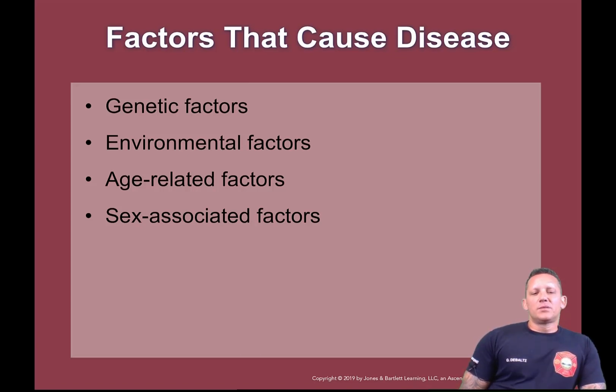Age-related factors is as we age and we become more immunocompromised. That's going to affect the way that we're able to fight off diseases or any of the other injuries or illnesses. And then sex-associated factors. There's obviously some things that are, men and women do not have the same organs, and men and women are prone to sometimes sex-specific disease processes.